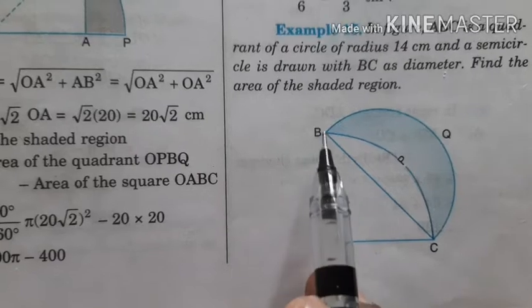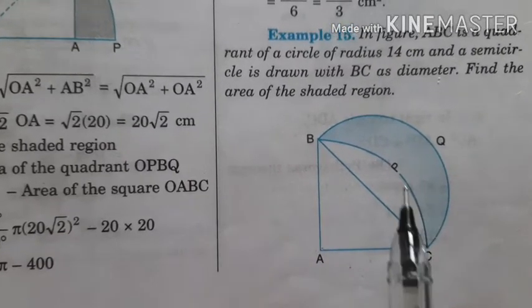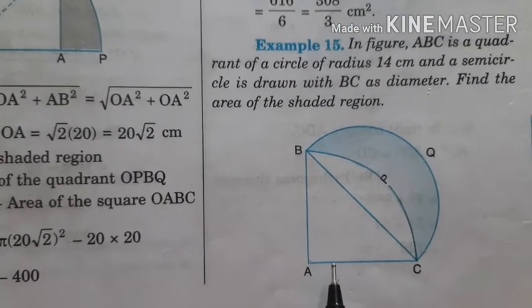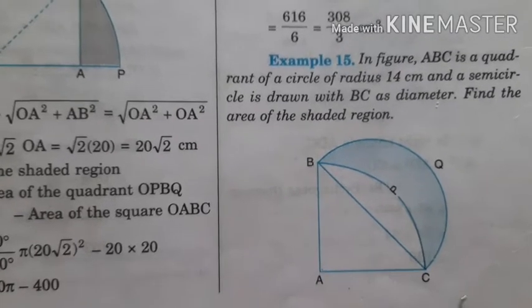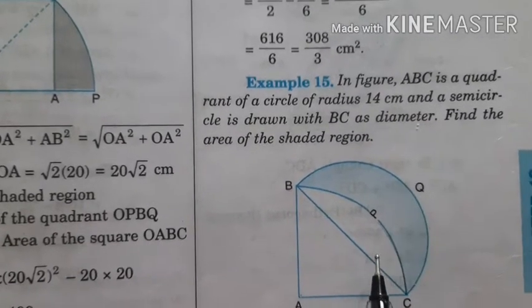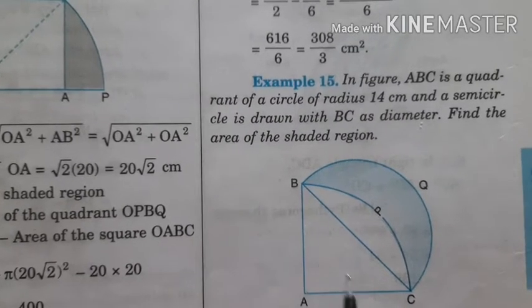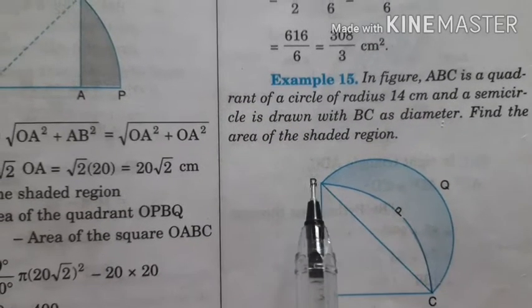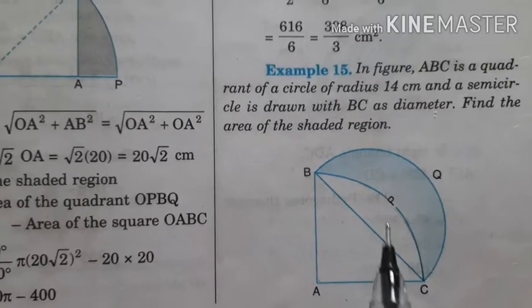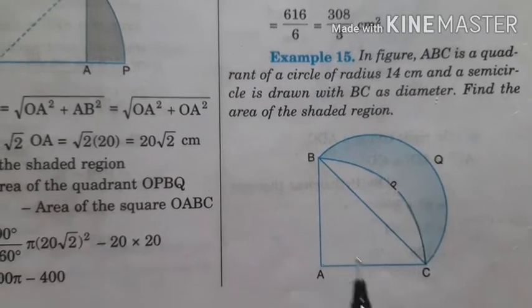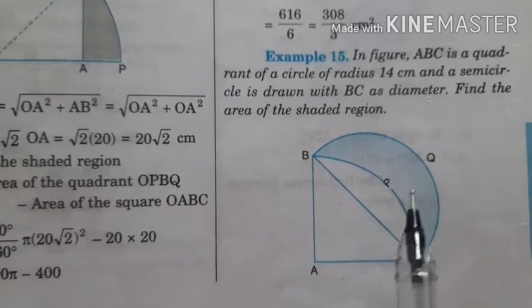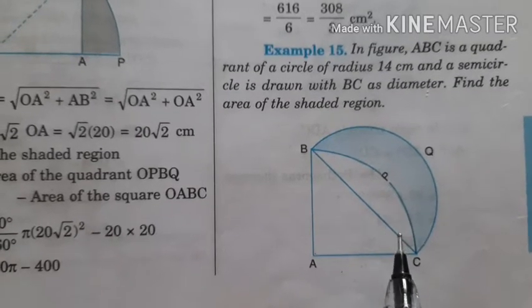Here BAC is a quadrant of a circle, whereas BCQ is a semicircle, and this region between BC is a segment of a circle. Therefore, it is the combination of a quadrant, a semicircle, and a segment.